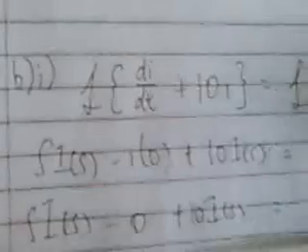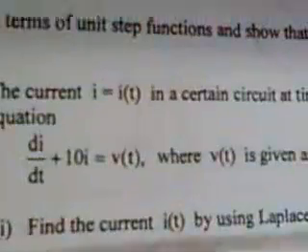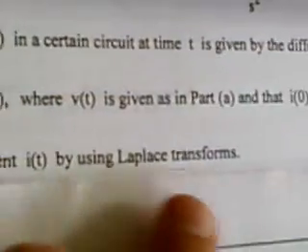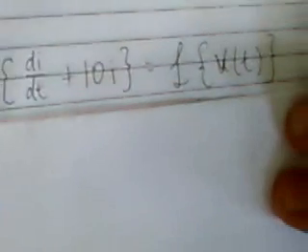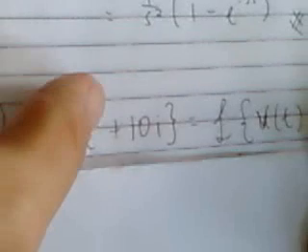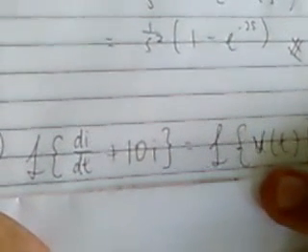Okay, for question 5b, part 1. It asks us to find the current i(t) by using Laplace transform. First, we must Laplace this. Laplace di/dt plus 10i equals Laplace v(t).